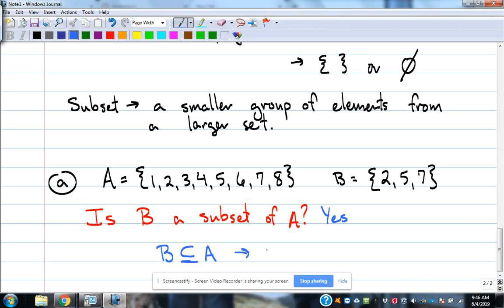And that says B is a subset of A. That's how you read that. So the notation for subset is kind of this sideways U shape with a line under it. That means subset.